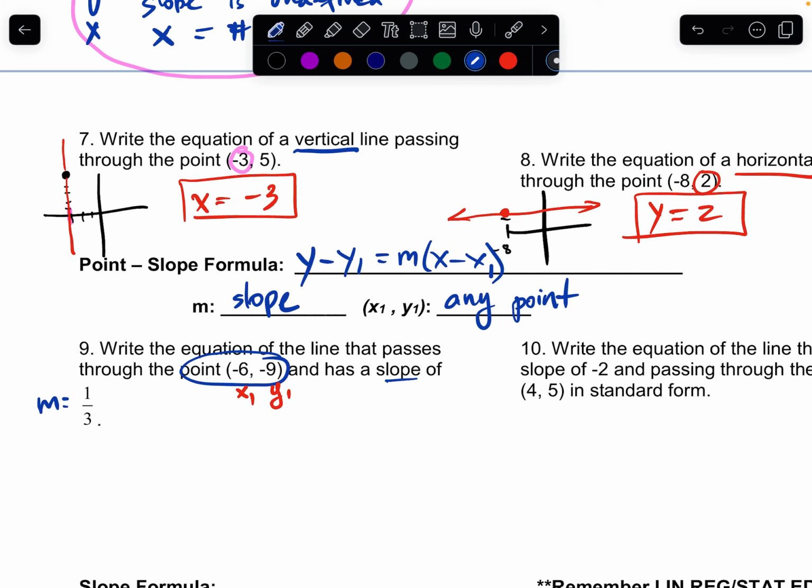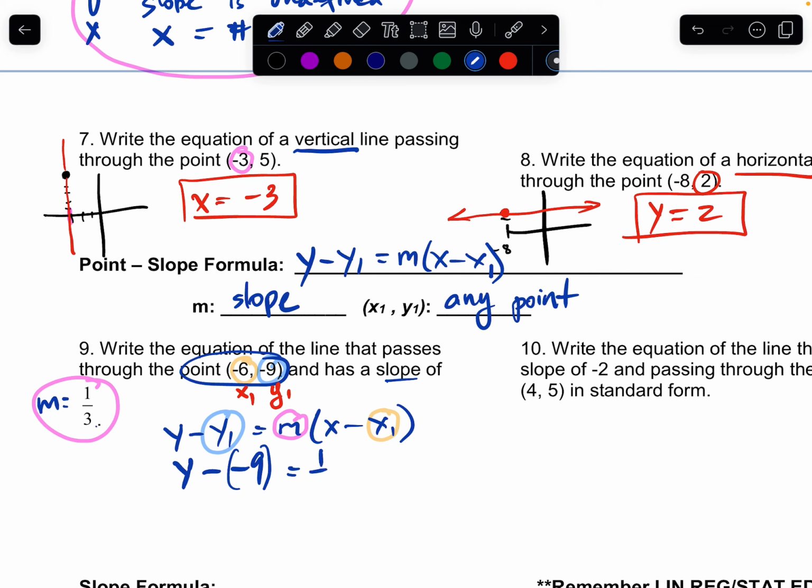Let me write the formula again: y minus y1 equals m times x minus x1. So let's fill it in. y minus, and what's y1? It's that -9.